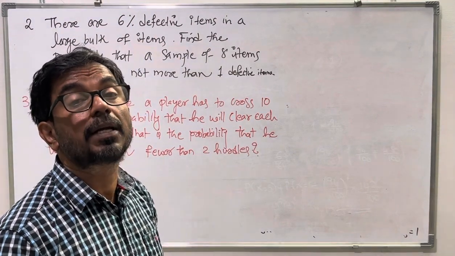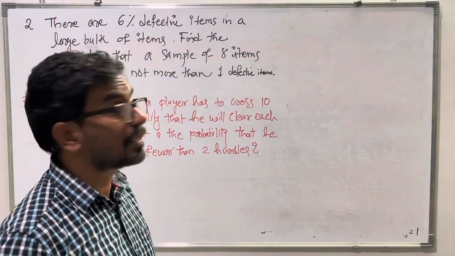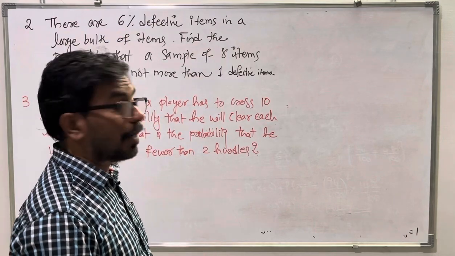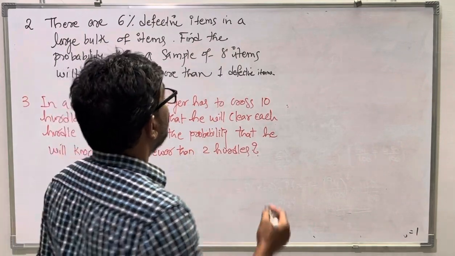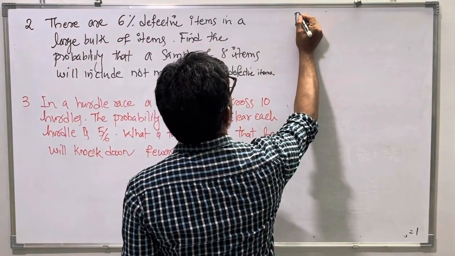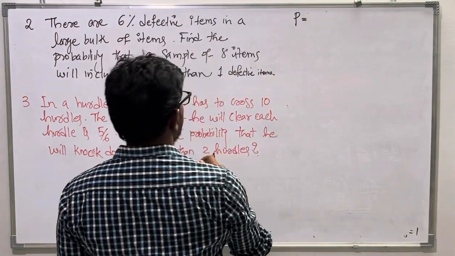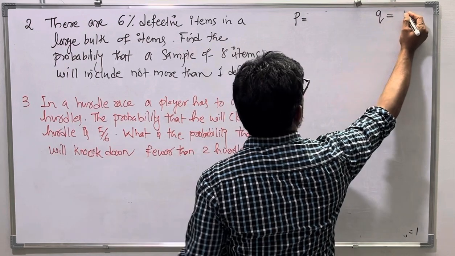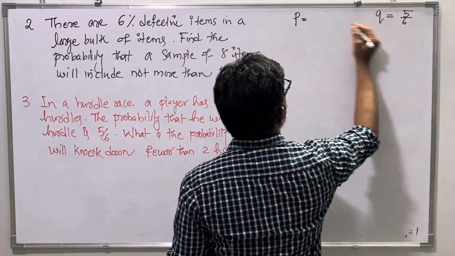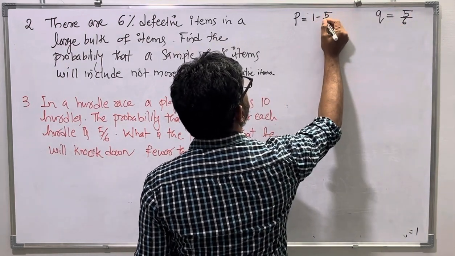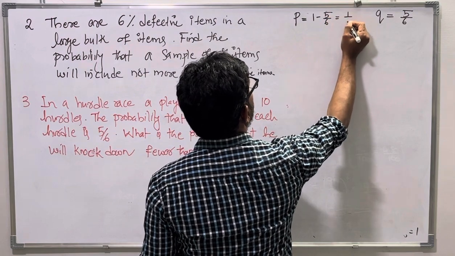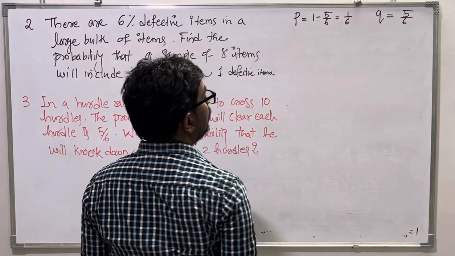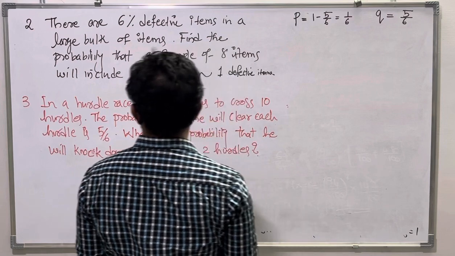So here they are speaking about knocking it down. So our success is not the real success, but our P is knocking down. What is given is that not knocking down has probability 5 by 6. Therefore, P is 1 minus 5 by 6, that is 1 by 6. So knockdown is our probability. Here n, how many are there?